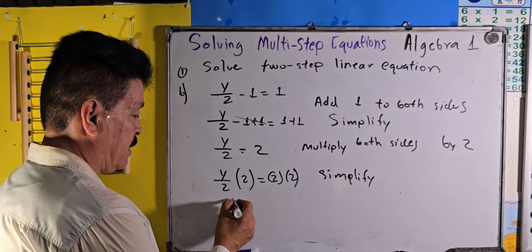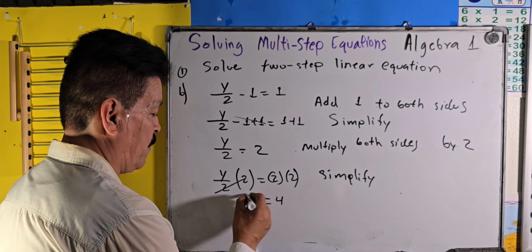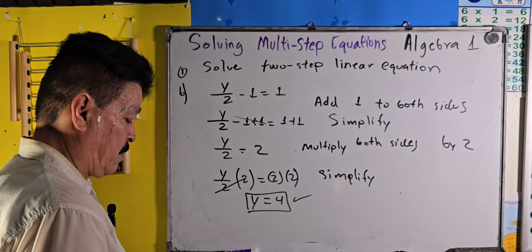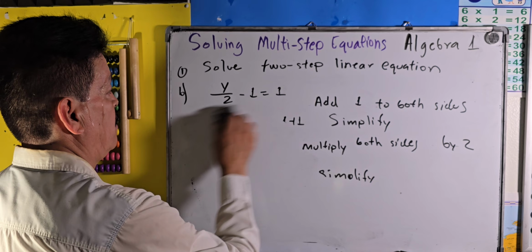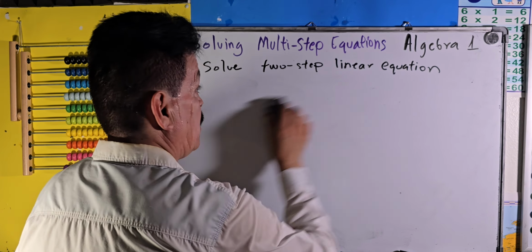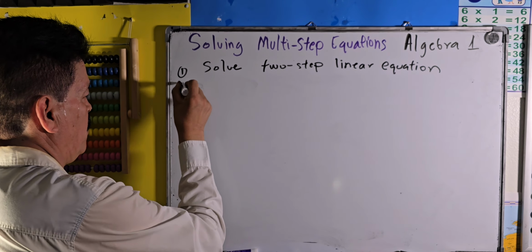Our answer is, cancel this, y equals 4. Very simple, right? So that's it. Let me show you another example. Practice, practice, practice. The next example is problem 3.